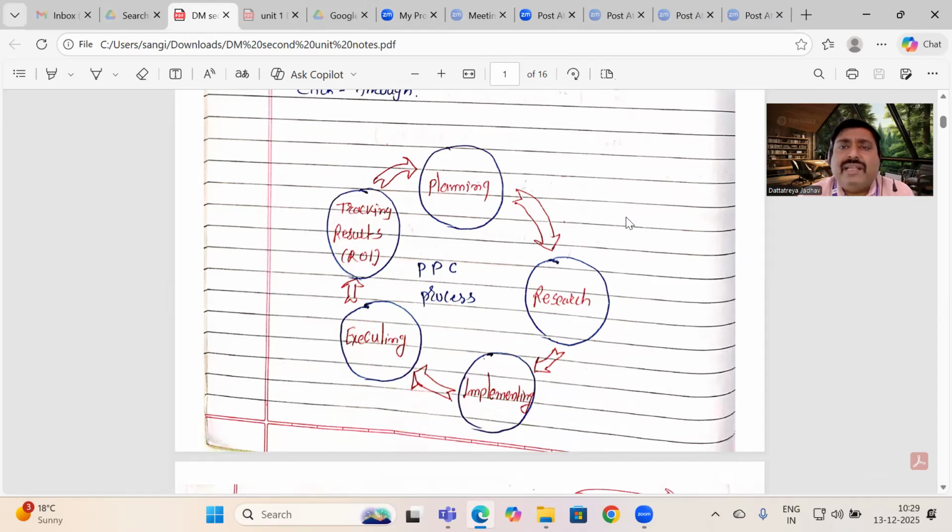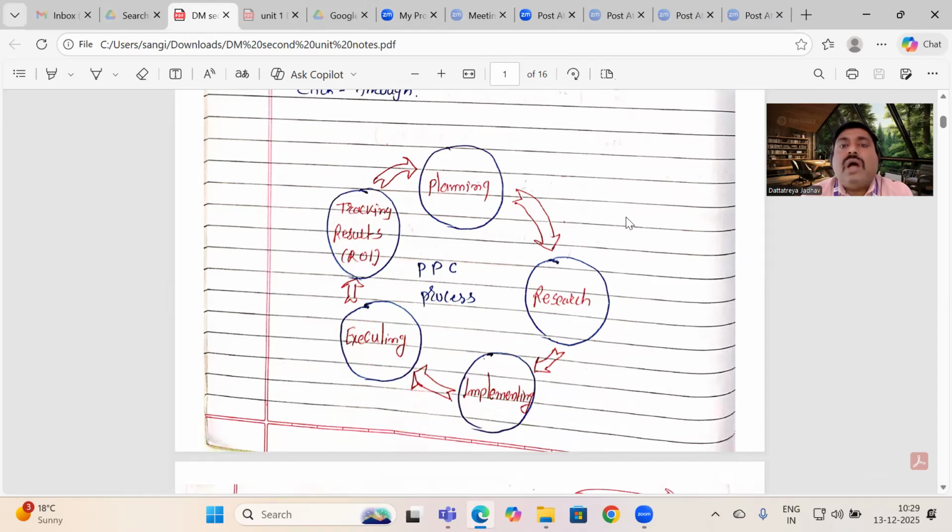Sometimes we call it a survey of your product: what its value is in the market, who the competitors are, which type of customers are purchasing the same product, how they switch over to the product, and how the maximum number of customers come to your product. All that will come in your research work.